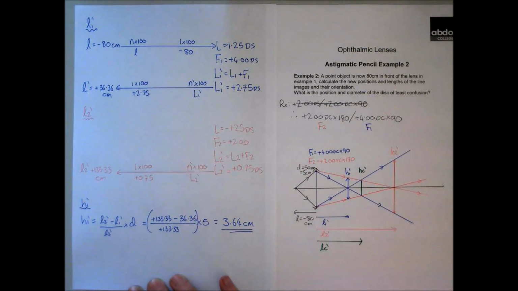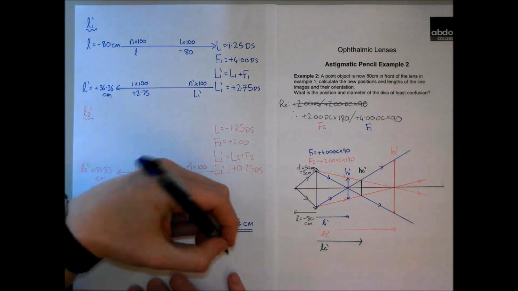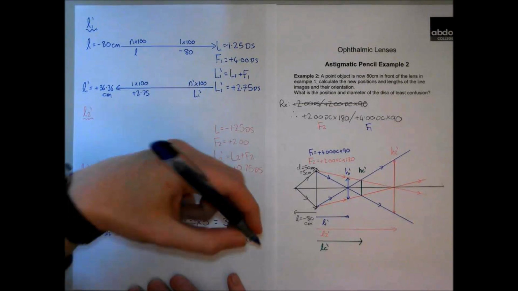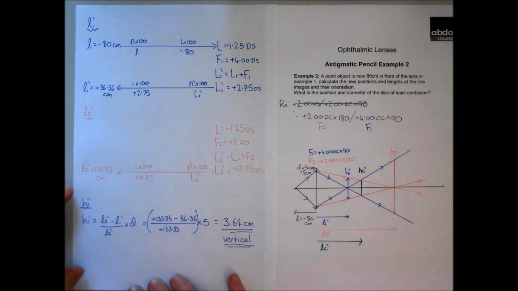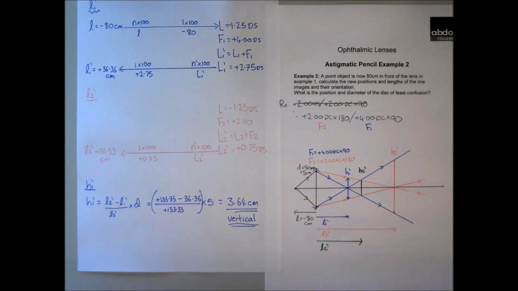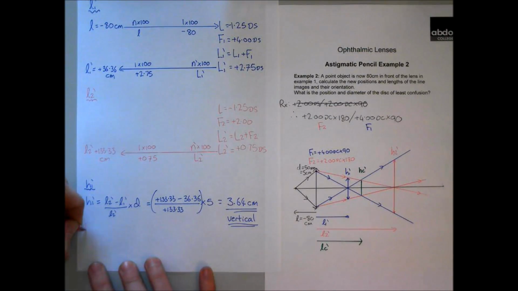So if we have an axis of 90, which is vertical, our image here from the first power will also be a vertical image. That's H1 dashed.